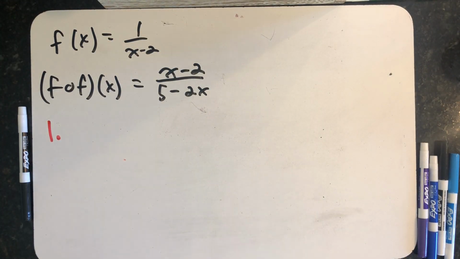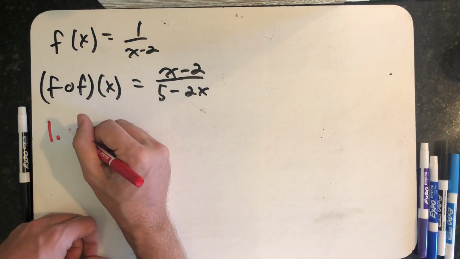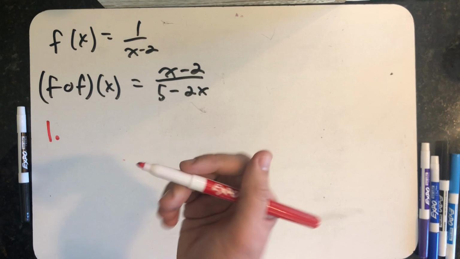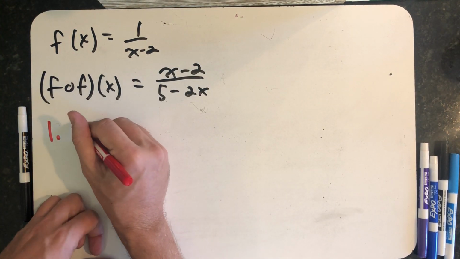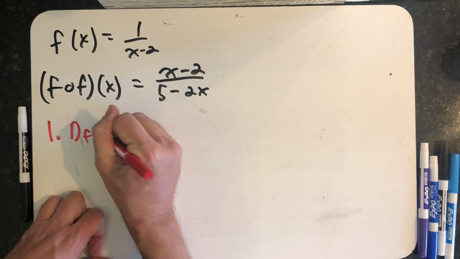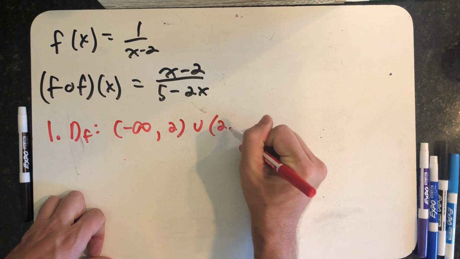The real idea here is I start by writing down the domain of the inside function. Well, my inside function this time is f. So I write down the domain of f, and the only thing x can't be here is 2, because I can't divide by 0. So the domain of my inside function includes all of the real numbers except for 2.